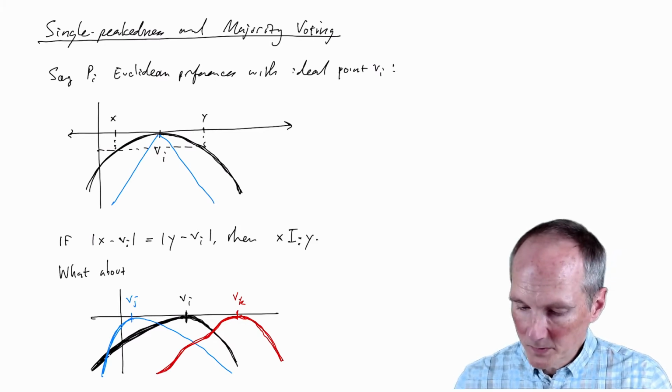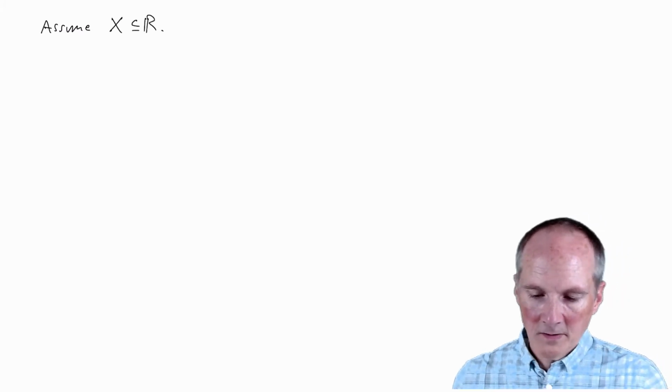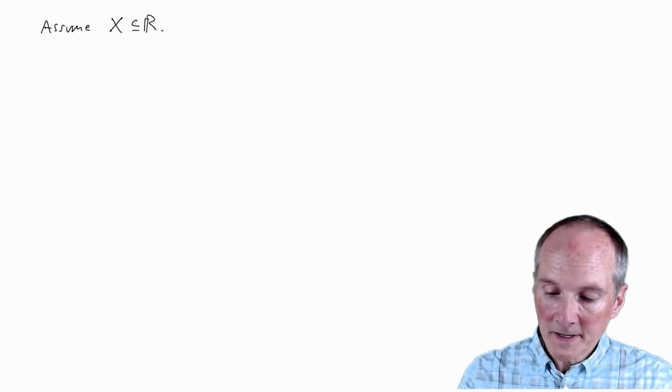Okay, so let's give a general definition of single-peakedness. Let's officially assume that the set of alternatives is a subset of the real line.